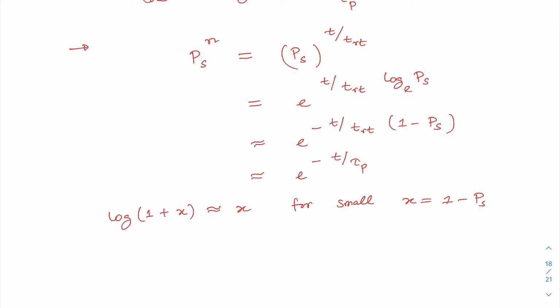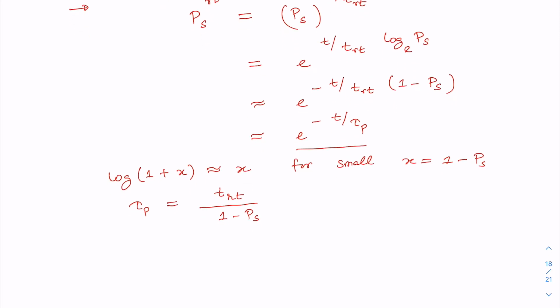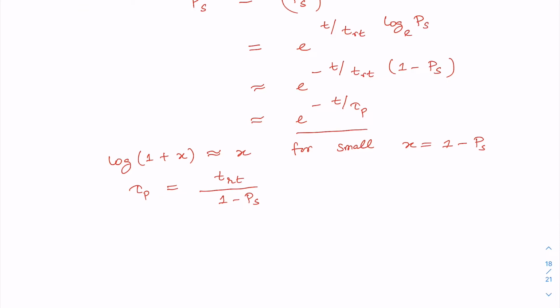The photon lifetime is the round trip time divided by 1 minus PS. So using this, I see that the energy loss is exponential in time, with a loss rate of 1 by tau p. So this way also we see that the energy loss rate is 1 by tau p.